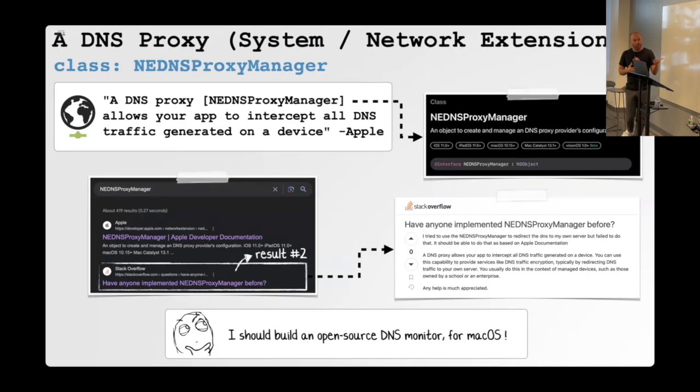So I hopped on Google, and other than Apple's documentation, there was one hit, someone on Stack Overflow asking, how do we do this? I was like, bummer, but I also saw this as a decent learning opportunity. And if I create an open source DNS monitor using this, that should be useful to other people as well.